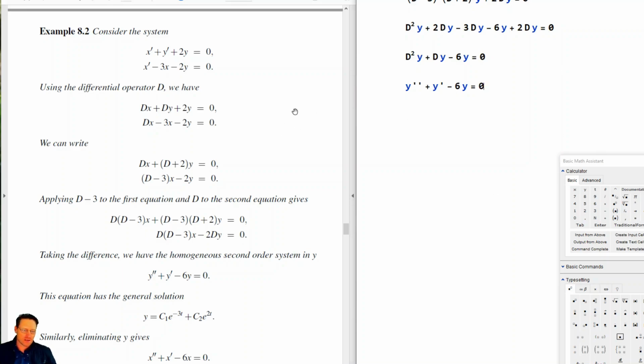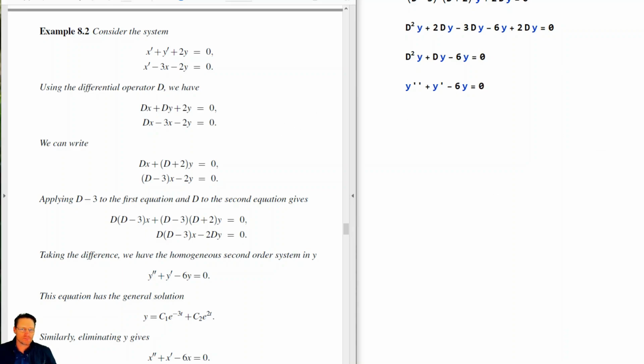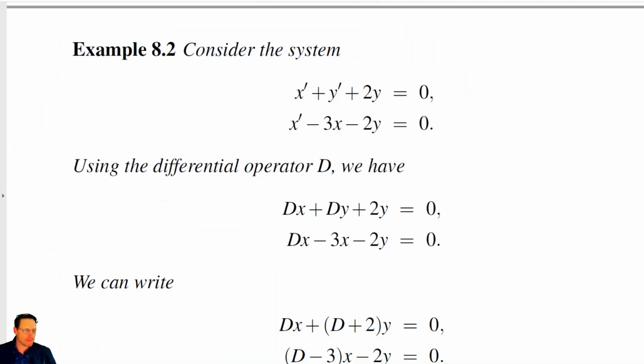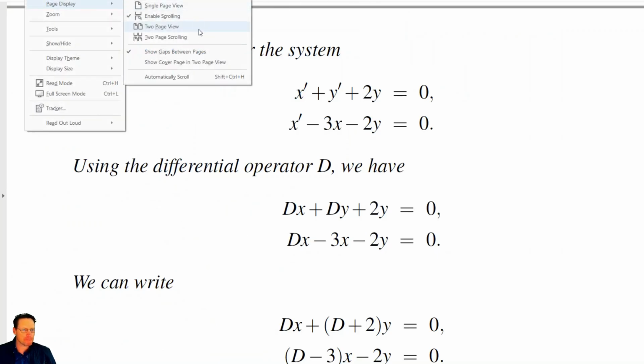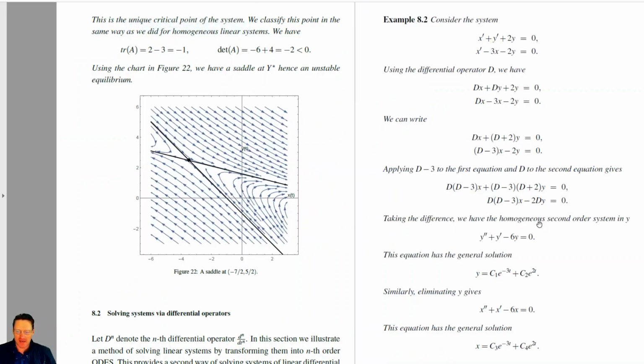All right, so now I'll go to double screen and go back to that. So we see how we obtain this second order linear equation here. It is homogeneous, so we know what the solution to that looks like.